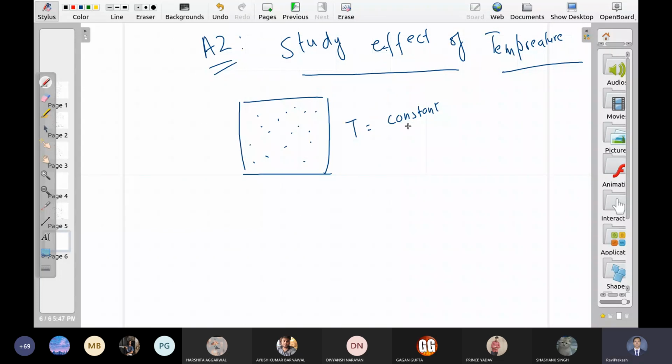Then what kind of distribution do they follow? Maxwell speed distribution. Yes.